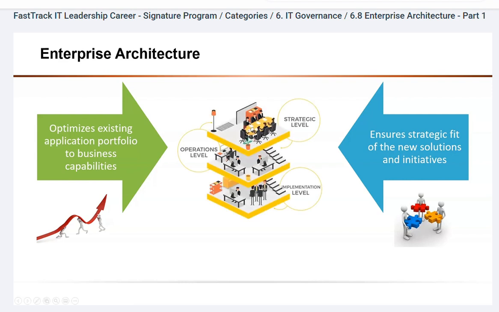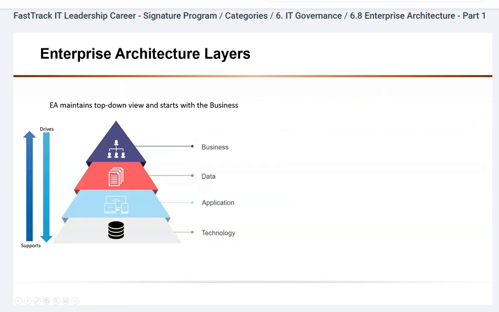So enterprise architecture can do these things by looking at the needs from a strategic level, an operational level, and implementation level. So they can maintain this view, and that's exactly what separates enterprise architecture from other IT functions.